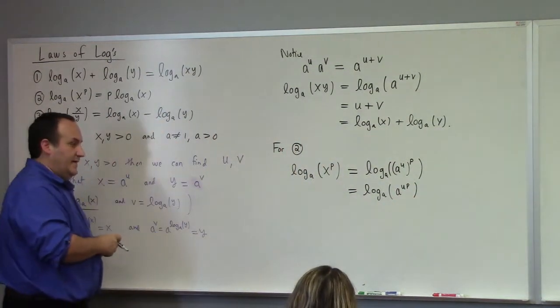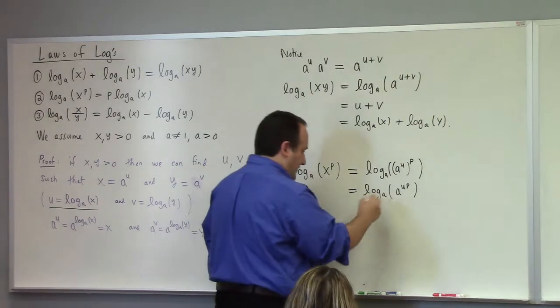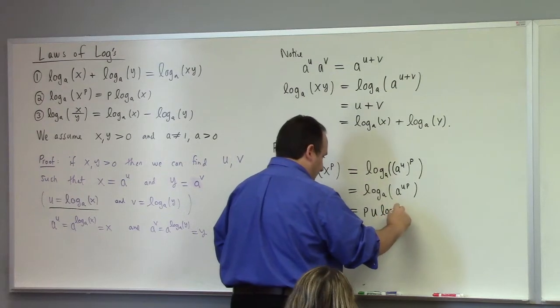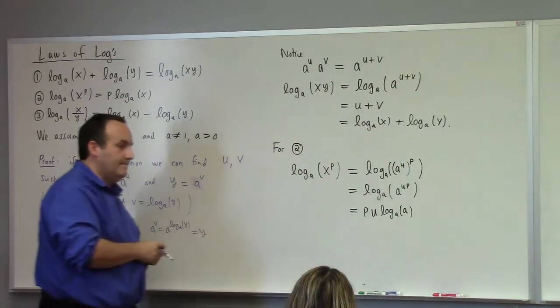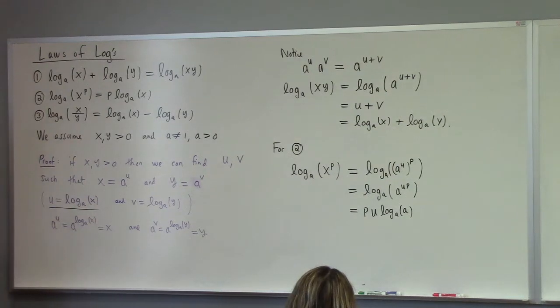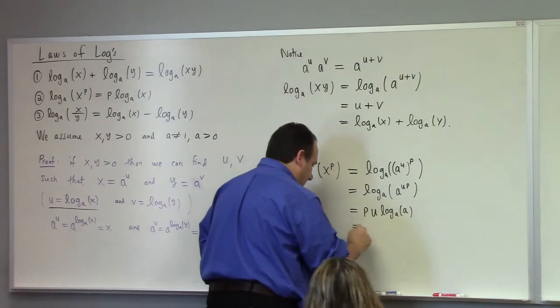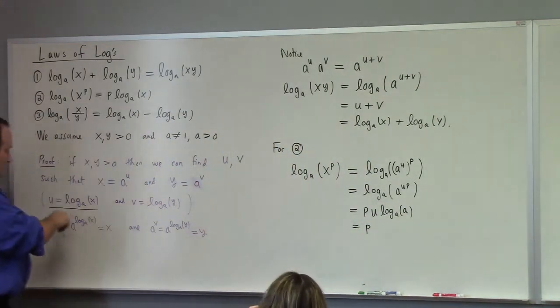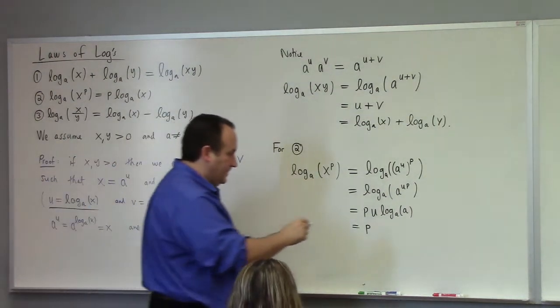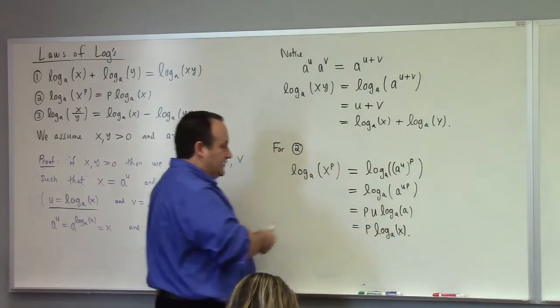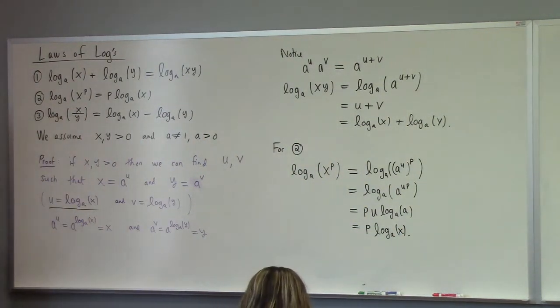And then that, by definition of logarithm, is p u times log base a of a. What is log base a of a? We talked about this last week. Log base a of a is just 1, by definition. And what's u? Well, that's p times u. What was u? U was equal to log base a of x. So there you go. That's the proof of the second law of logarithms.